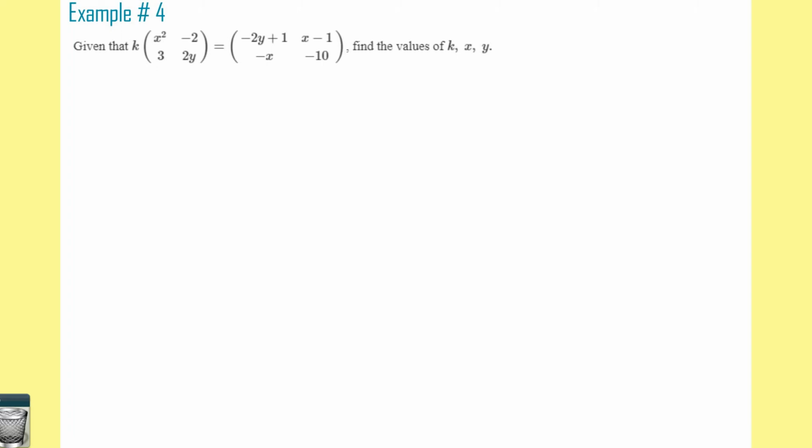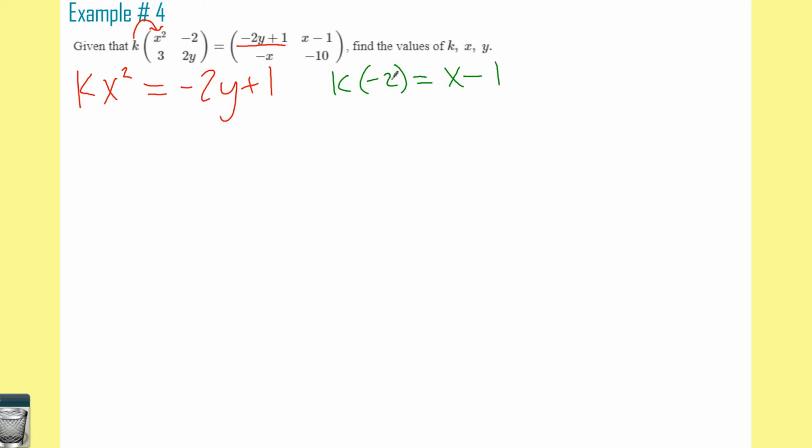Okay, so let's start with example 4. Here we're going to multiply and then set things equal. So k times x squared must equal negative 2y plus 1. We got that from k times that element equals that. All right, that's a little complicated. I don't really have anything for that. So what about the next one? k times negative 2 equals x minus 1.